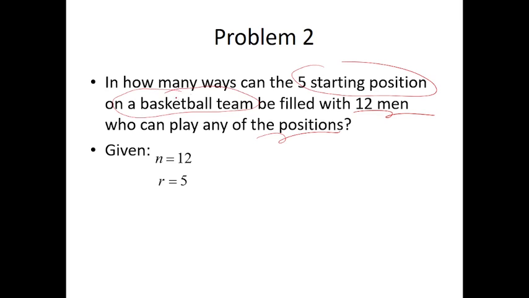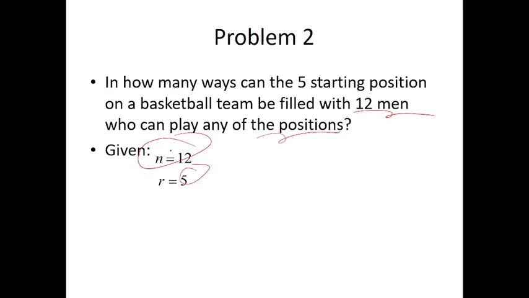Sa mga naglalaro ng basketball, familiar kayo dyan, merong point guard, ganyan, di ba? Alam nyo yan, yung 5 na yan, 5 starting positions. Center, ganyan. If I'm not mistaken, center ba yung term? Okay. So, then, 5, okay.